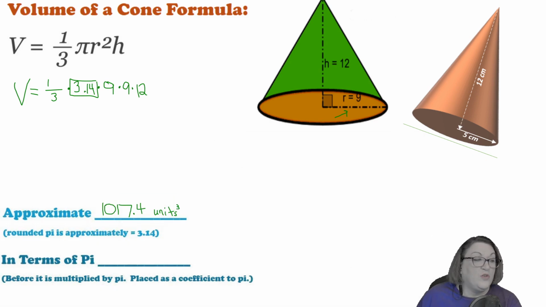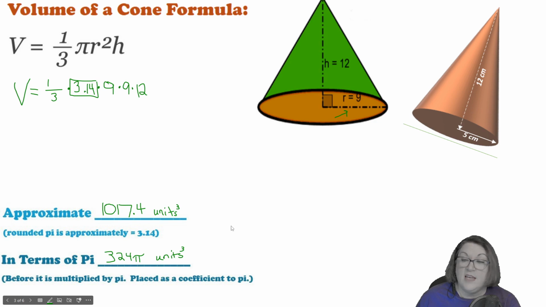And so you're going to write that answer 324 next to the pi symbol, because we did not multiply it times pi yet. So that stands for 324 times pi. And again, it's units cubed. All right, that takes care of the first example.